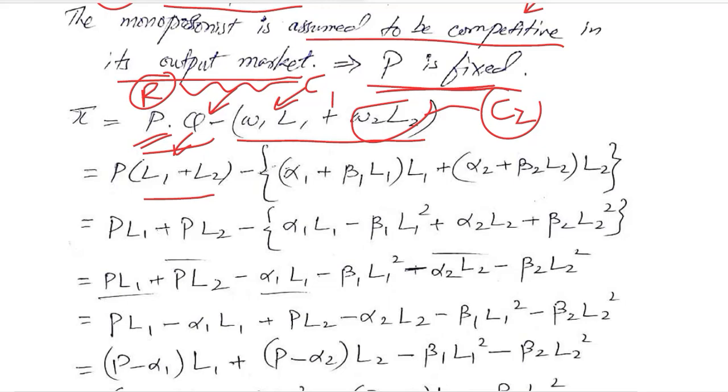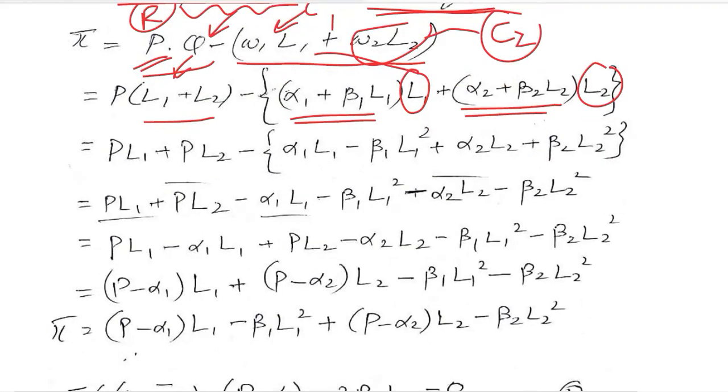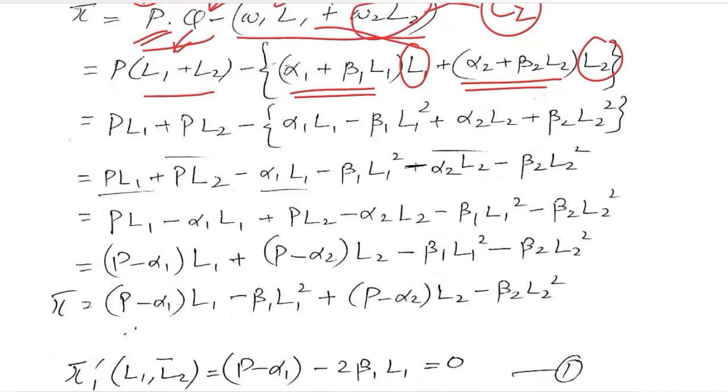Its value was L1 plus L2, and for W1, the wage equation was given. L1 remains as it is. Here again W2, its value was given, and L2 remains the same. Now further is nothing new, it is the same algebra that you have done many times before.